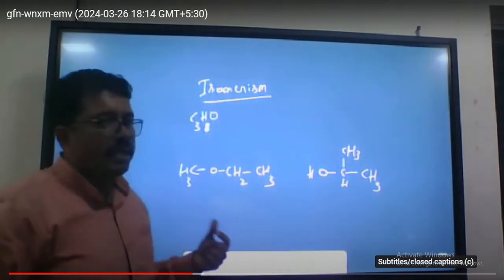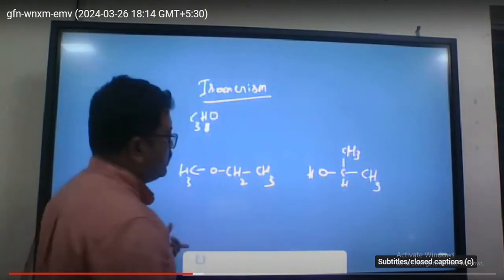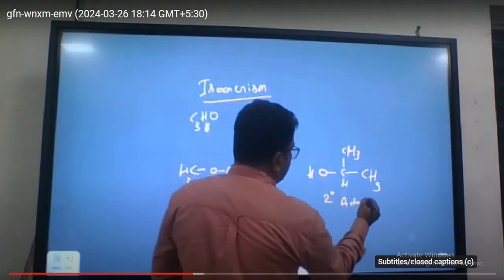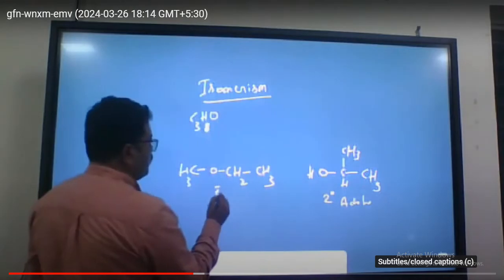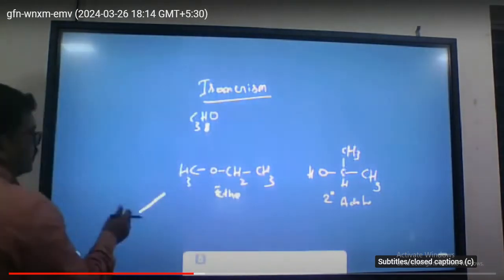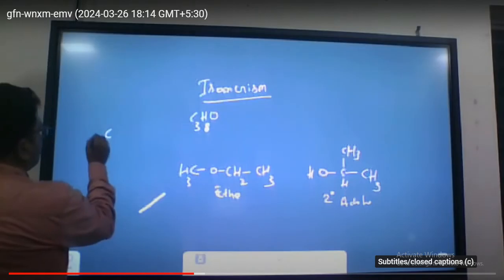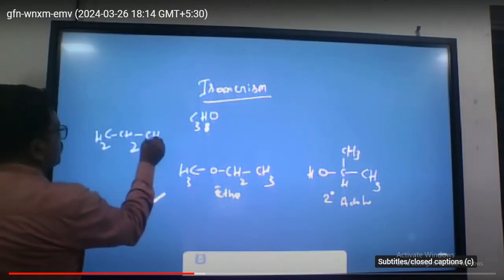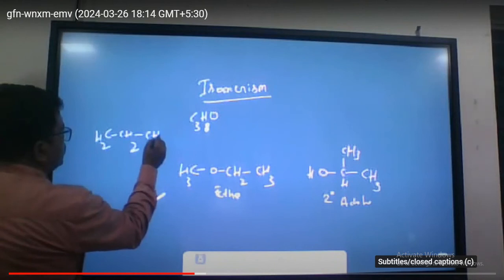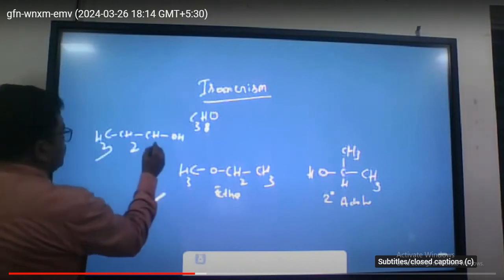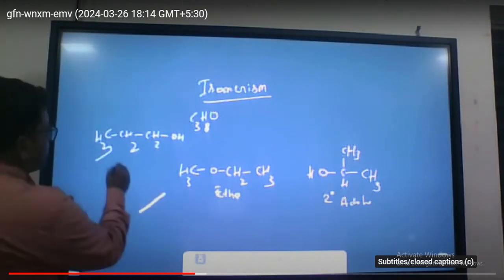One alcohol, one ether. So this is a secondary alcohol. This is an ether, same chemical formula. We can write different structures, and even a primary alcohol we can write. This CH3, this CH2. This is a primary alcohol.